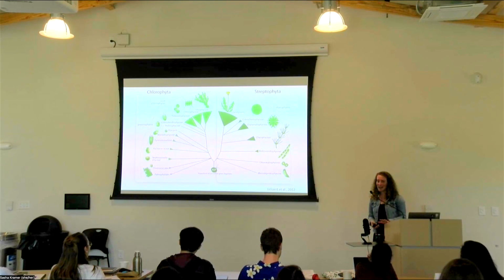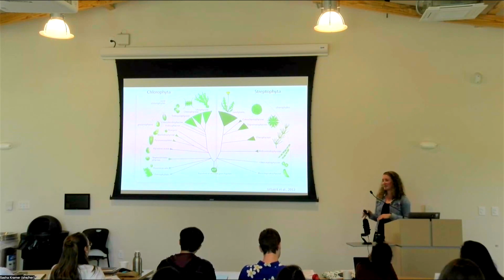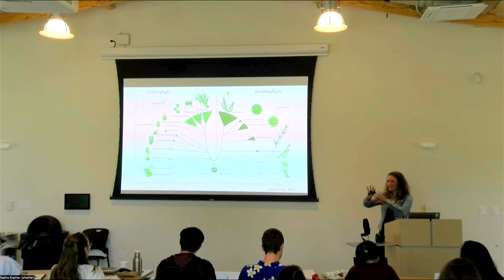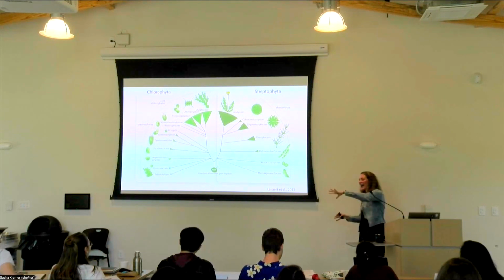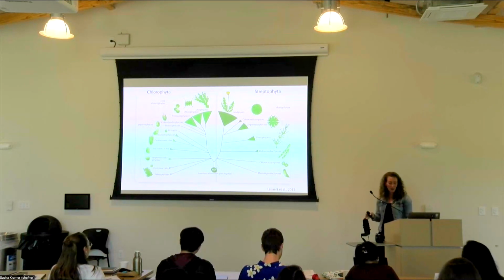So I want us to try, and I'm going to try to make this a tiny bit more interactive, to practice separating phytoplankton into different groups using some set of criteria. So we're going to split into two halves of the room. This half can work together and this half can work together. I want you to just talk in small groups for a second.